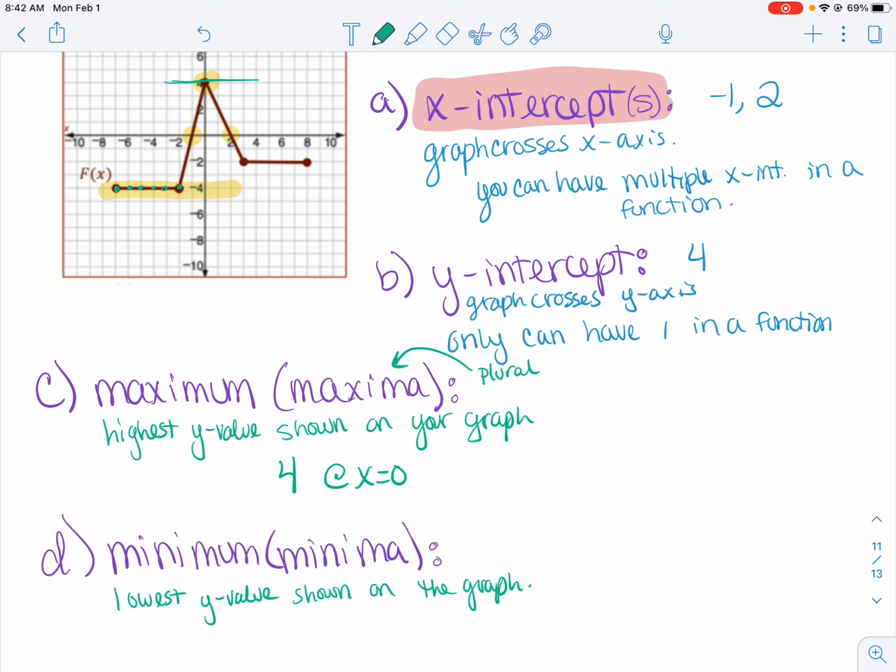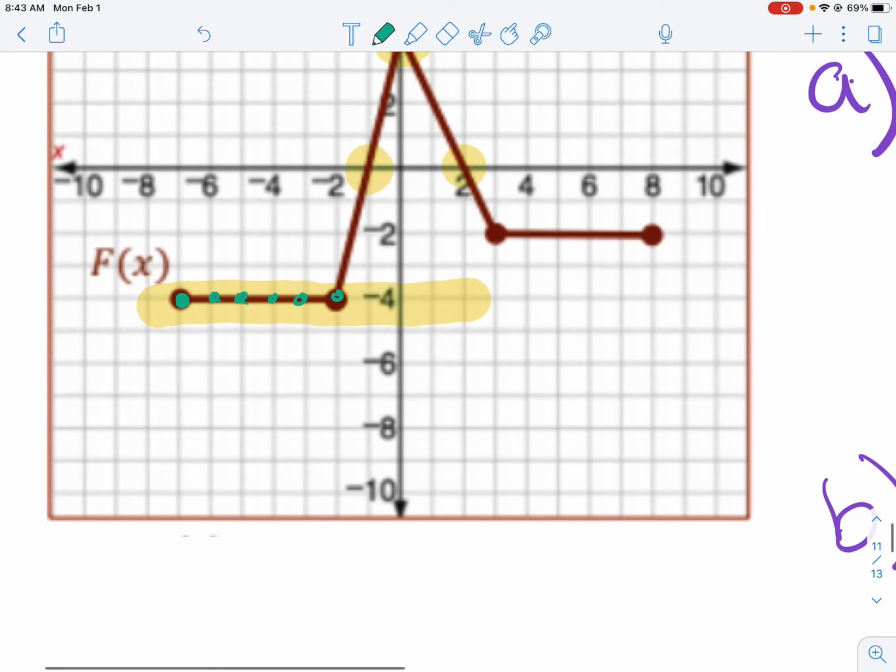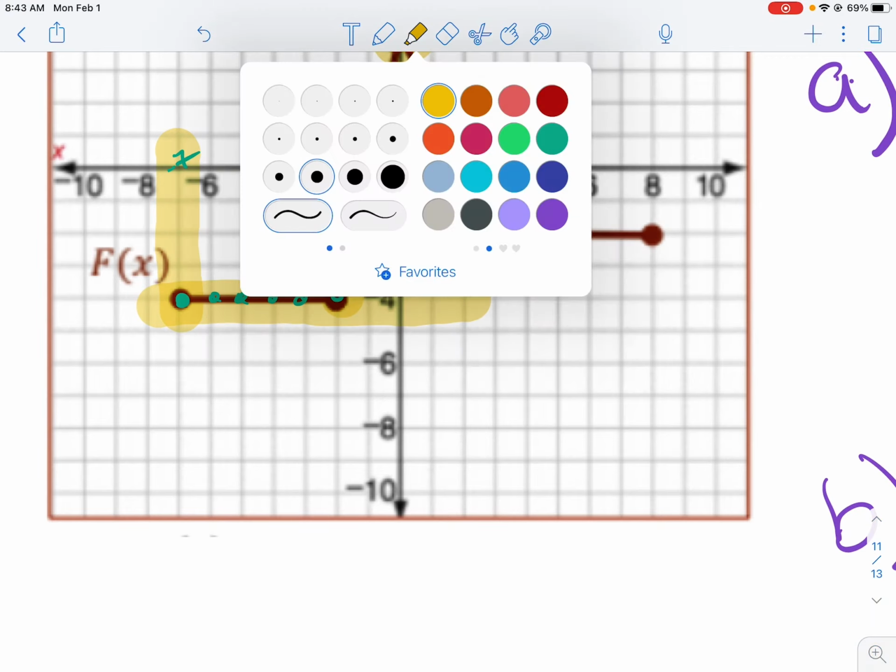So the minimum value is -4, and it happens from when x is -7 to when x is -2, right? You can see that here.